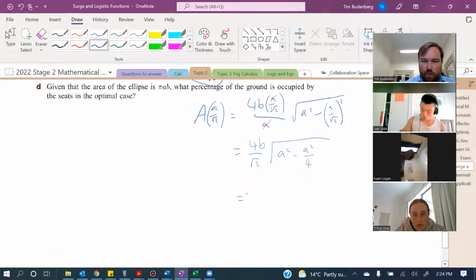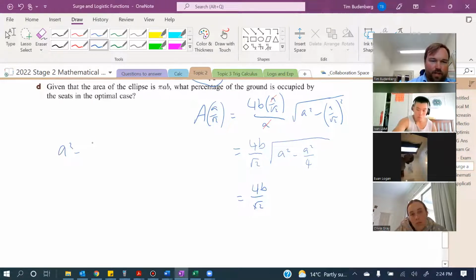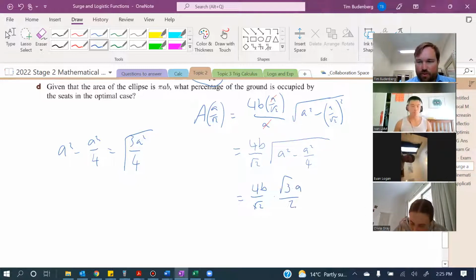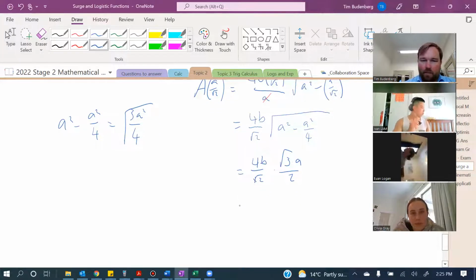I think we can probably still do more with that. 4B on root 2. Are you happy that A squared take A squared on 4 is really 3A squared on 4? So that is the square root of 3A squared on 4, which is root 3 A on 2. And if we multiply that together, what do we have?